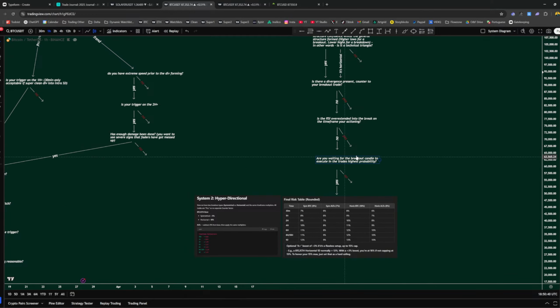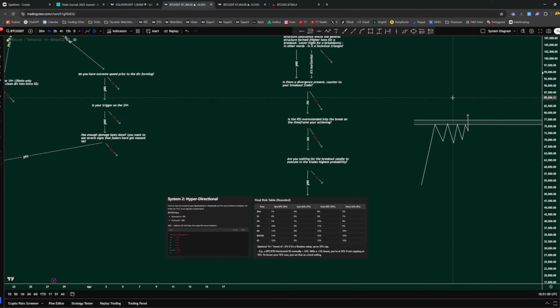Are you waiting for the breakout candle to execute in the trade's highest probability? Something I used to do when I was looking to tighten things up as much as possible and be a bit more risky was enter into this consolidation as opposed to waiting for the breakout candle.